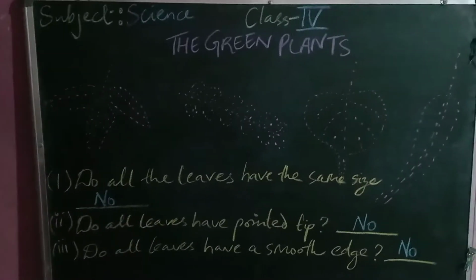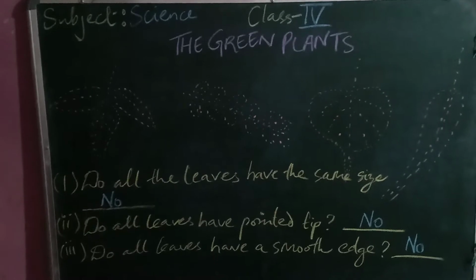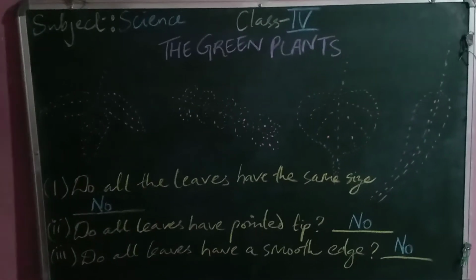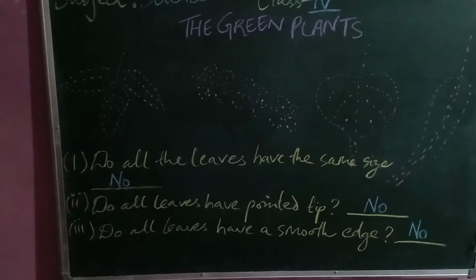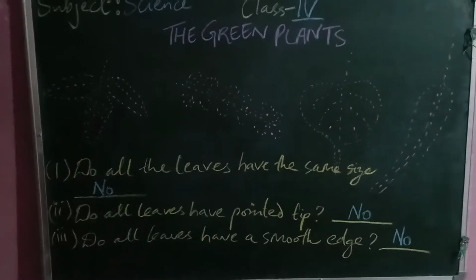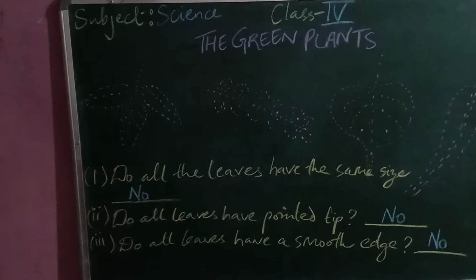So the first one here is, do all the leaves have the same size? If you look at the picture, you will easily see that not all leaves have the same size, so we have to write no. Then, do all leaves have pointed tips?